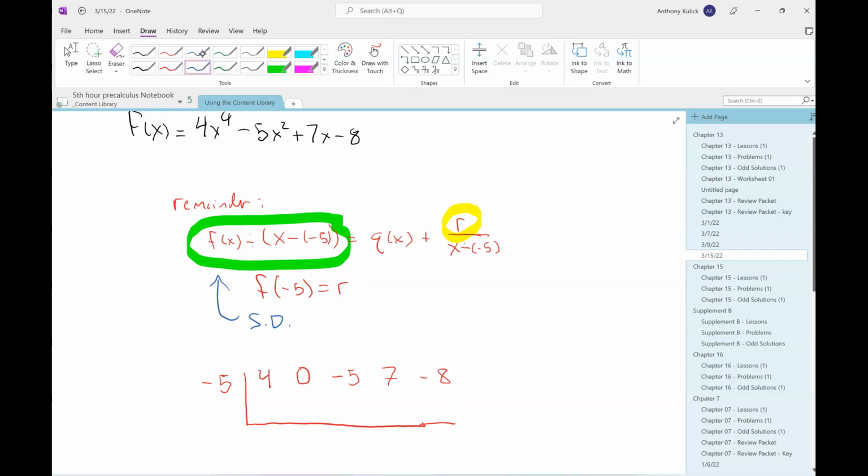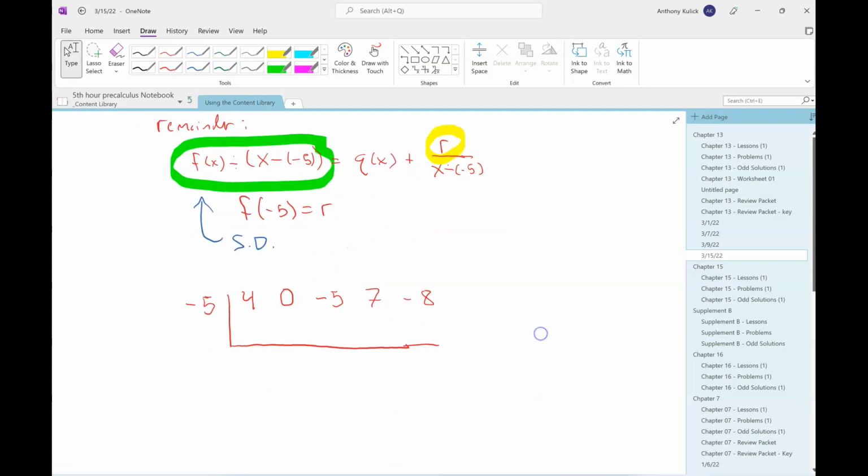Okay. Everybody good with the setup for the synthetic division? Okay. And I will start. So we start just by bringing the first number down. And then I multiply the -5 by the 4. I write that answer in the next spot. And then add down.